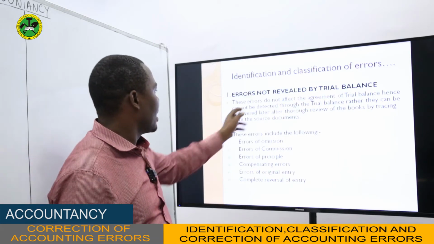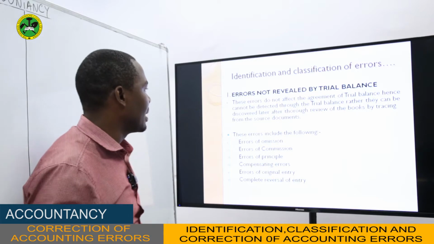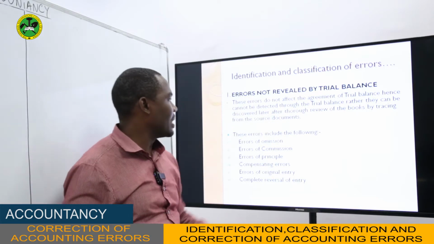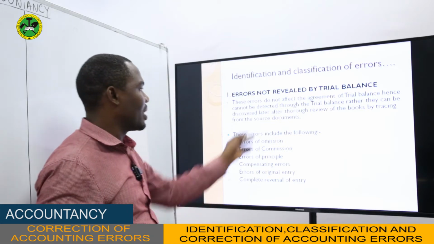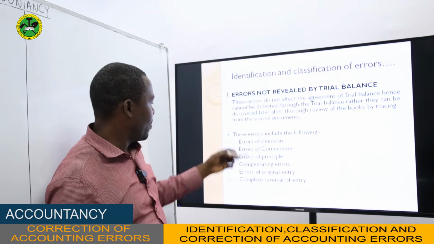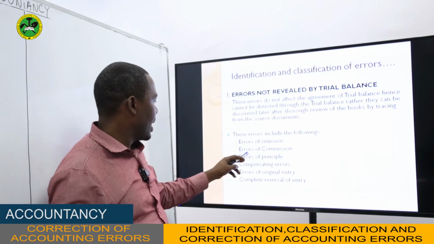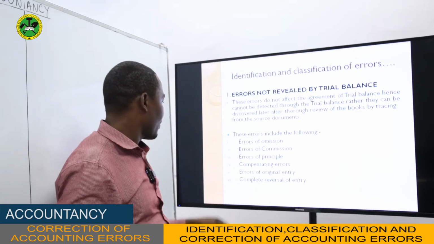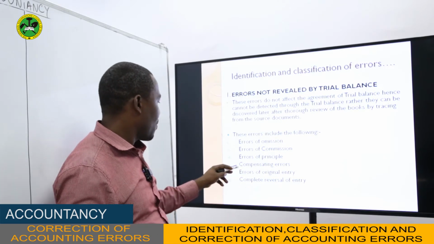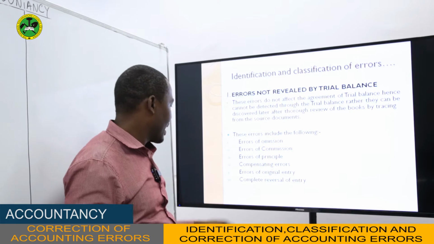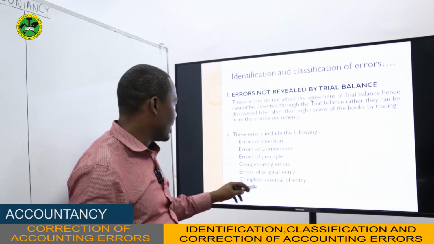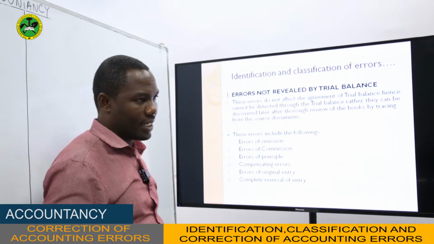As I said, we have 2 broad categories of errors. Errors not revealed by the trial balance do not affect the agreement of the trial balance. They include errors of omission, errors of commission, errors of principle, compensating errors, errors of original entry, and complete reversal of entry.